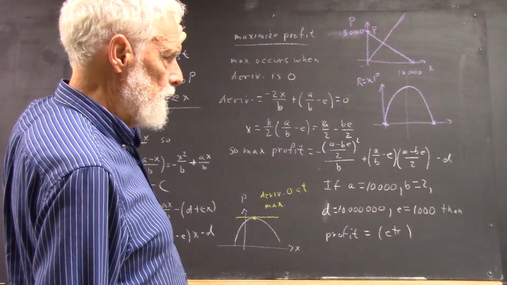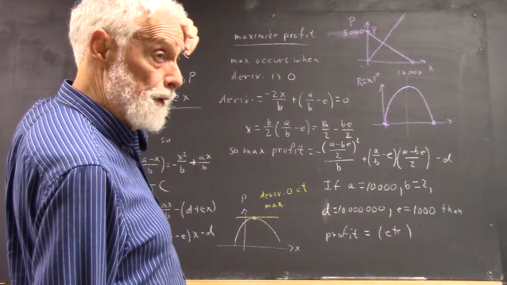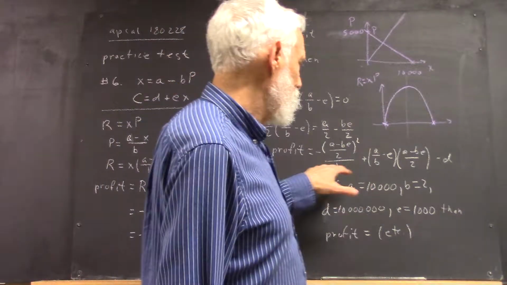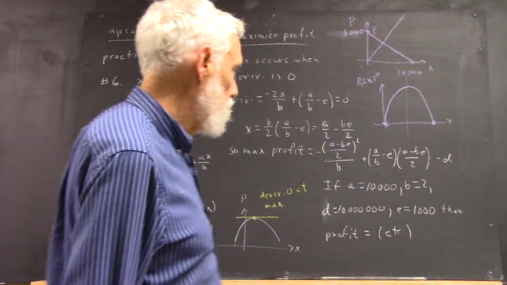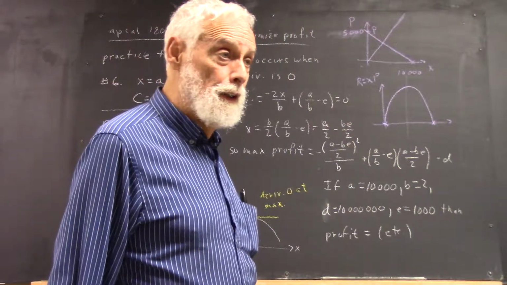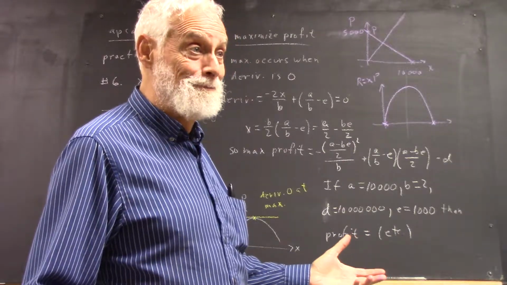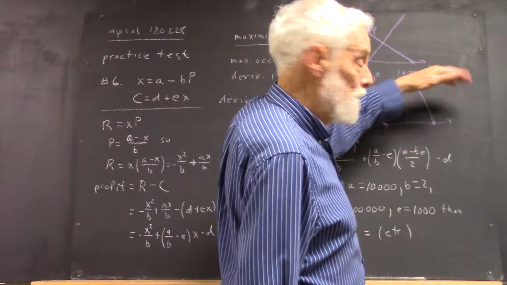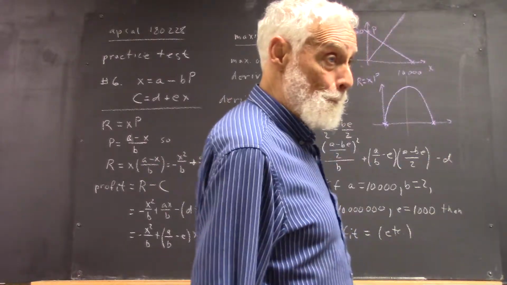Either that or when I calculated these in my head, I messed up the calculation. So you can kind of correct that. If something's wrong, I don't get a profit of 0, I do get a positive profit. So maybe we're back in business. You can't get a negative profit with a positive function here and a positive function here.